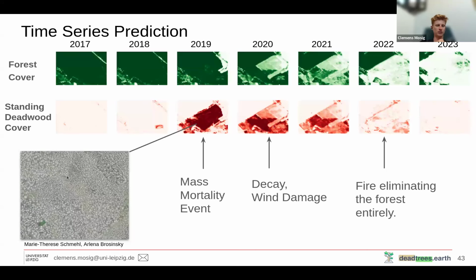In the bottom right, you can see how this forest looks in the drone orthophoto. It's really entirely dead. And then at the end, in 2022, there was, funny enough, funny for us at least, a fire eliminating the forest that had died entirely, which is very nicely visible on the forest cover map because the forest is now entirely removed.